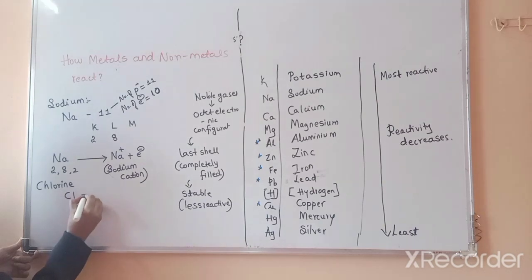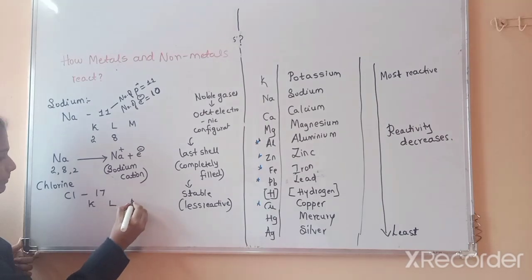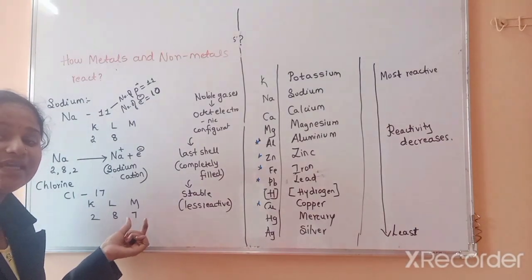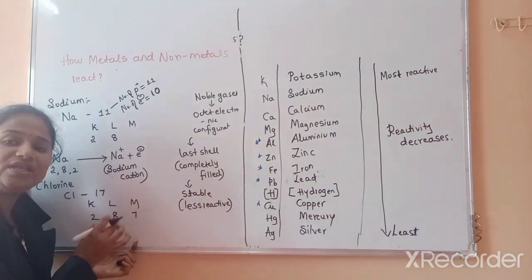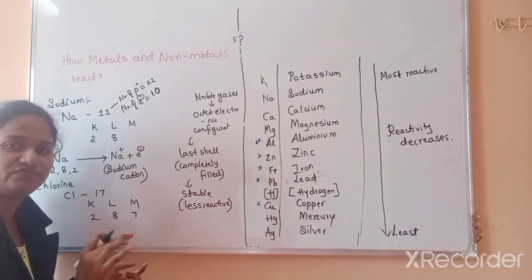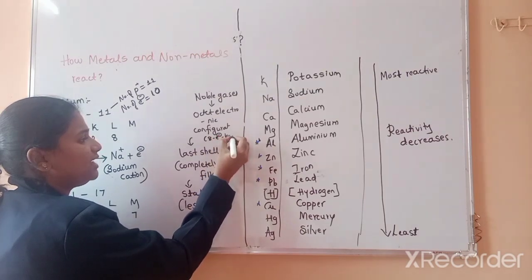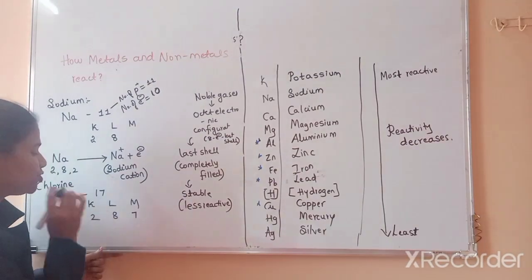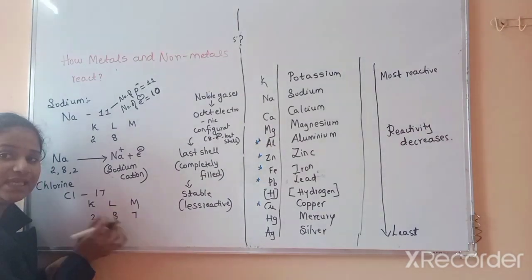The symbol is Cl, and the atomic number is 17. If I write the electronic configuration, 2, 8 is 10, and 7 is in M. So the last shell is M, and it has 7 electrons. If chlorine has to get octet electronic configuration, 8 electrons should be there in the last shell.